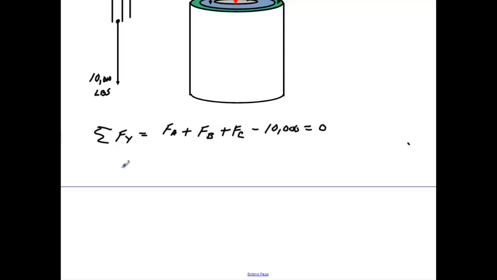However, we do know the deflection at A will equal the deflection at B, which will equal the deflection at C. And we do know that the equation for deflection is just PL over AE.